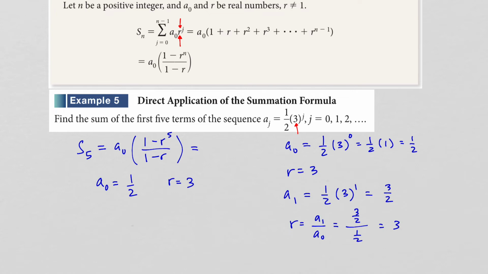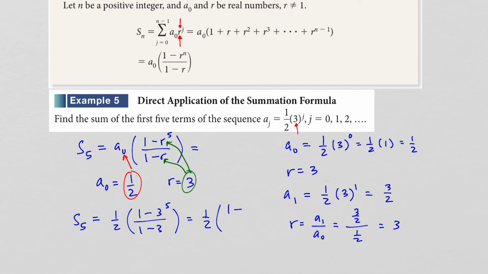So once I know that a naught is 1/2 and r equals 3, I can find the sum of the first 5 terms by just substituting 1/2 in for a naught and substituting 3 in for r. So we get 1/2 times 1 minus 3 to the 5th power divided by 1 minus 3. This is 1/2 times 1 minus 243, which is -242, and 1 minus 3 is -2.